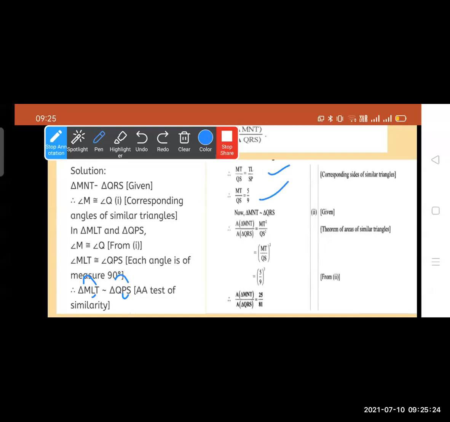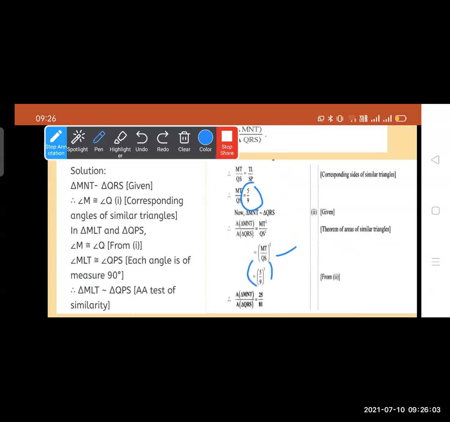Now we take MNT similar to QRS. Then we apply the theorem of areas of similar triangles: the ratio of the areas of two similar triangles is equal to the ratio of the squares of their corresponding sides. So MT square by QS square, that is MT by QS whole square, and the MT by QS value is 5 by 9.